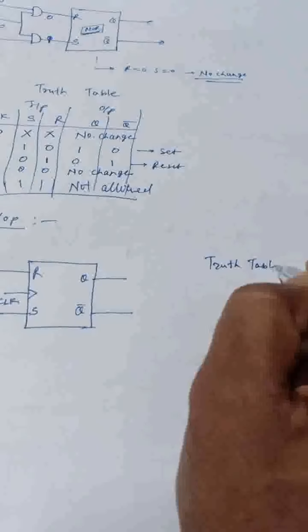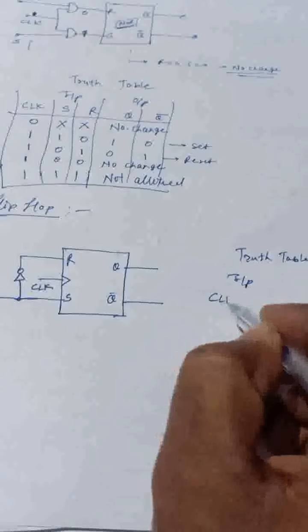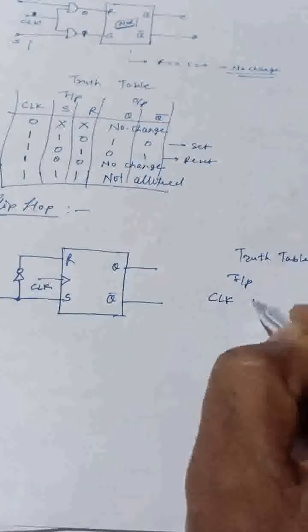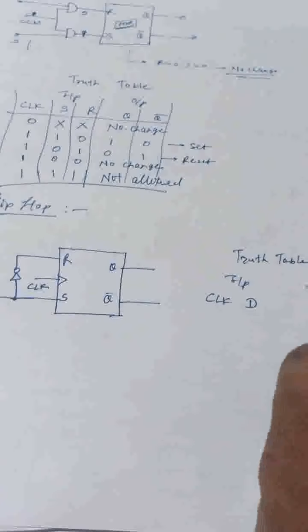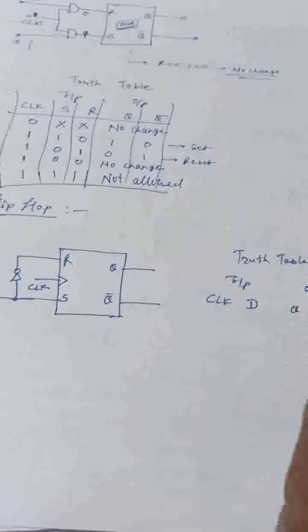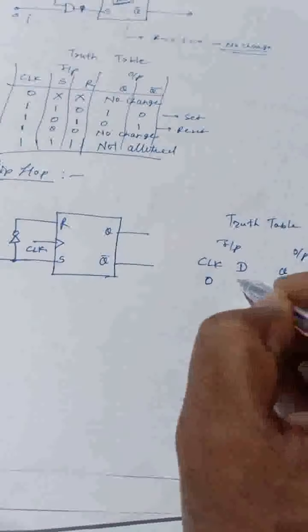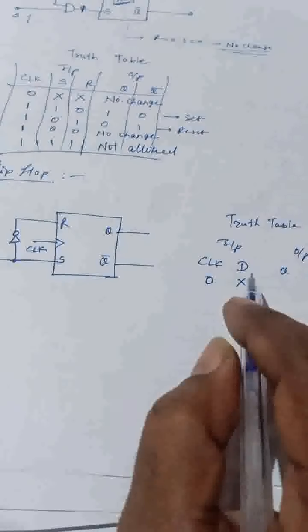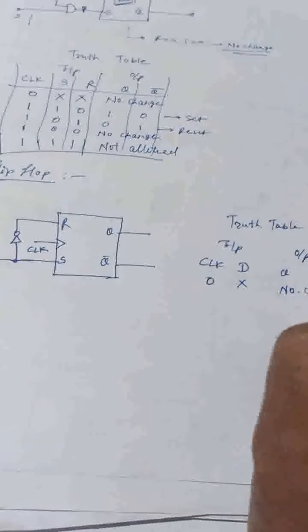So the truth table now has inputs clock and delay input or data input, and outputs Q and Q bar. If clock is 0, then it is don't care, so it is no change.